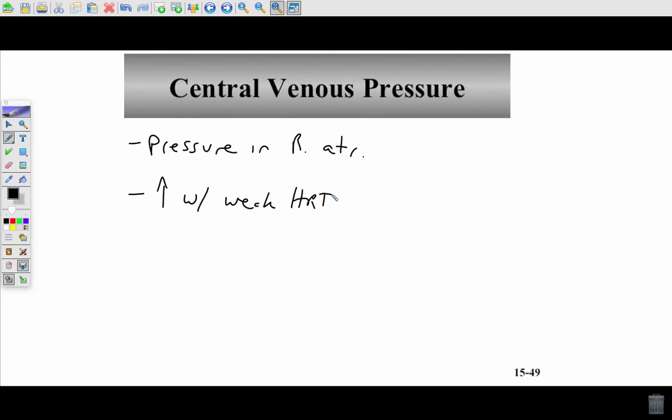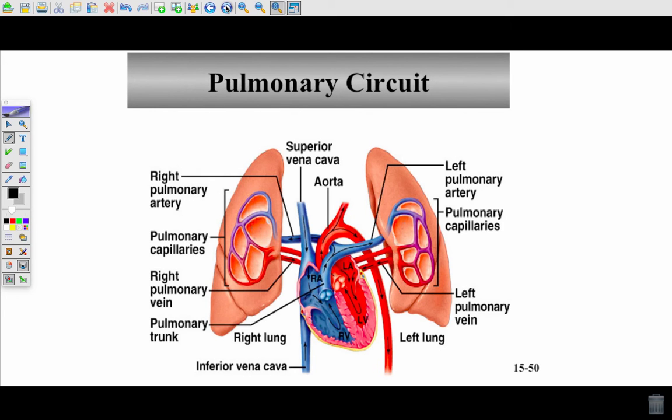And that means the blood in your peripheral veins is going to accumulate there because we're not getting the blood out of them. We can take measurements of this, and as this central venous pressure increases, we know that the heart is either weak or getting weaker. So it could be a sign of damage to the heart tissue, something like that.